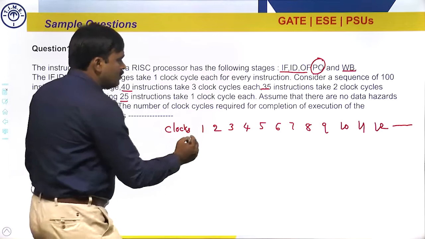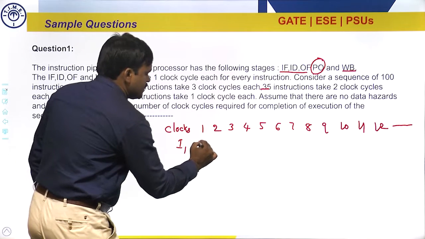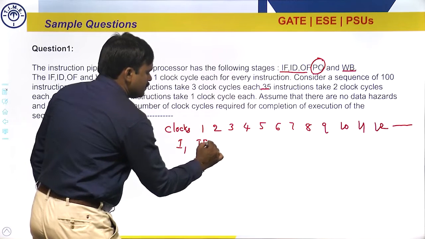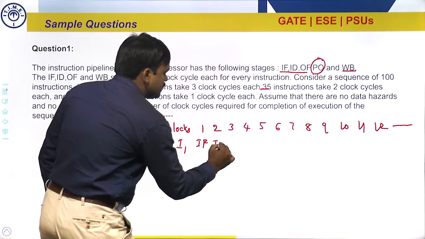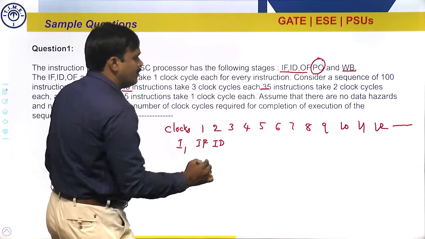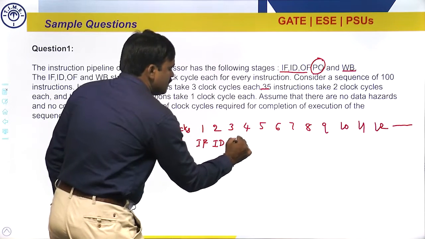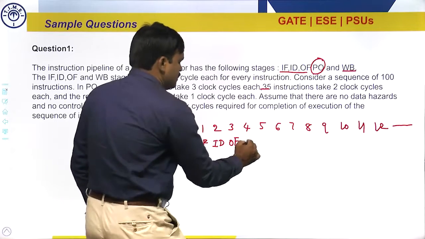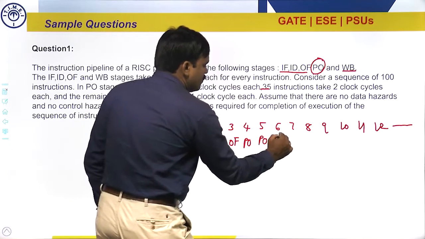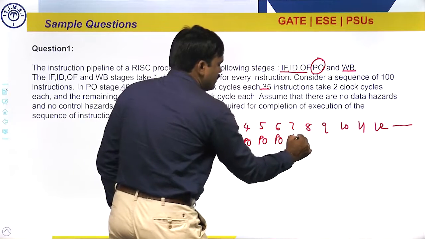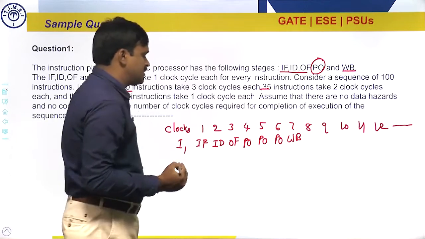So instruction fetch, followed by ID, that is instruction decode, followed by operand fetch, then perform operation. Perform operation takes 3 cycles, PO, PO, PO, followed by the WB stage. This is for the first instruction.